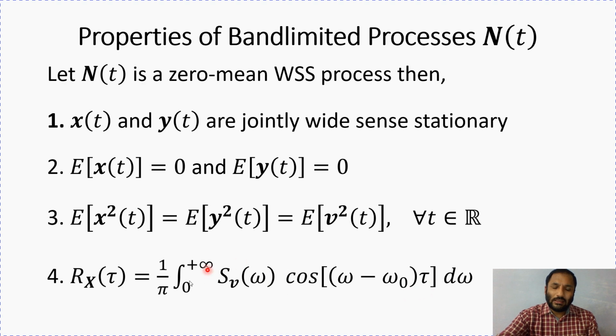So this is, it is nothing but the Fourier transform. It is a simplification of that inverse Fourier integral, where we have replaced the complex exponential with this cosine. Now this simplification happens when this power density spectrum is an even function with respect to omega naught.